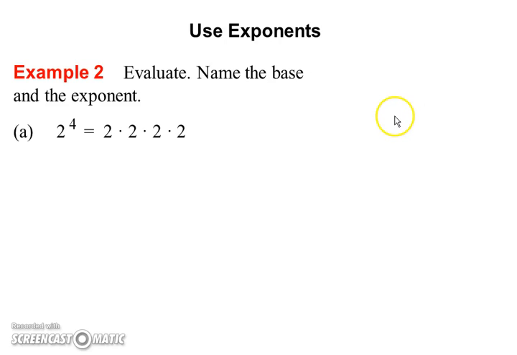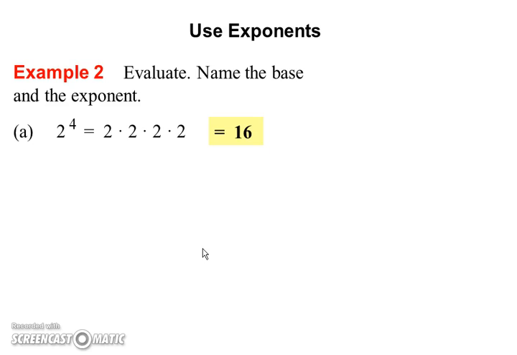Okay, let's look at a couple more examples. Suppose I gave you a problem and asked you to name the base and the exponent. Now remember, the base is always the number that we're raising to a power, or raising with an exponent. It is not the exponent itself. So in this example, the base would be 2.